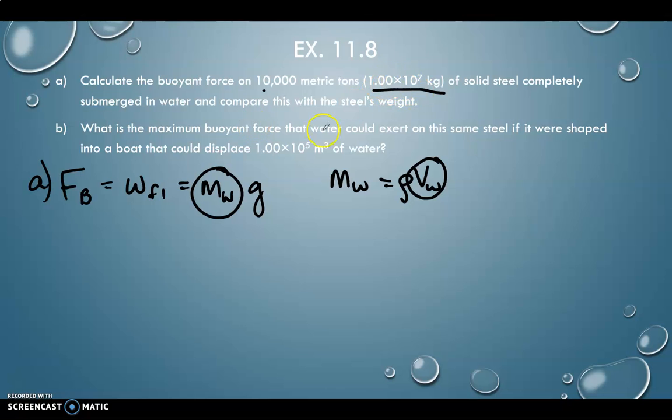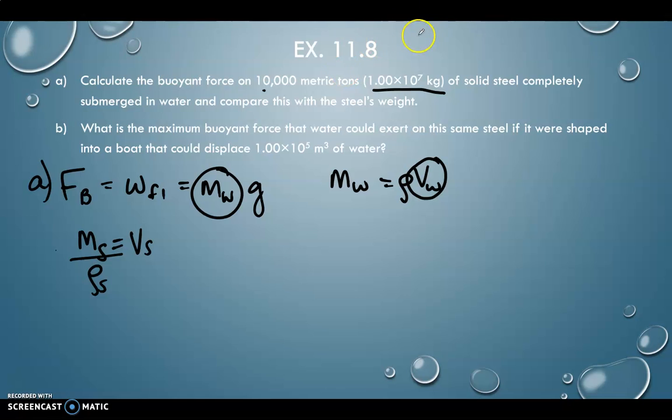We have the mass of the steel, and we can find the density of the steel. So the volume of the steel will be the mass of the steel divided by the density of the steel.